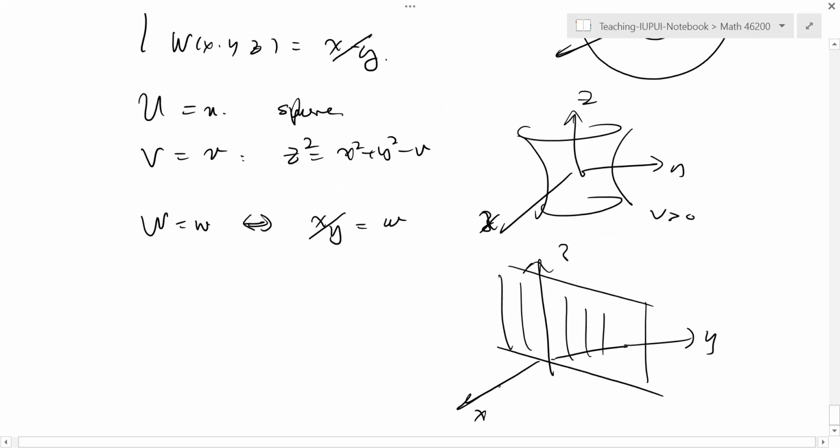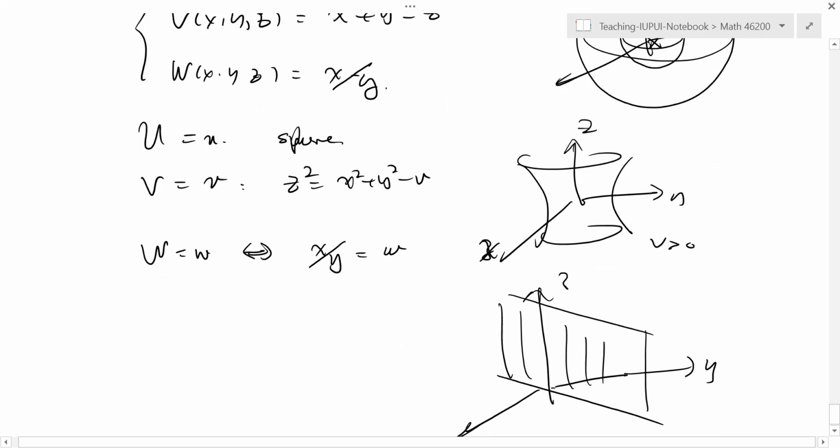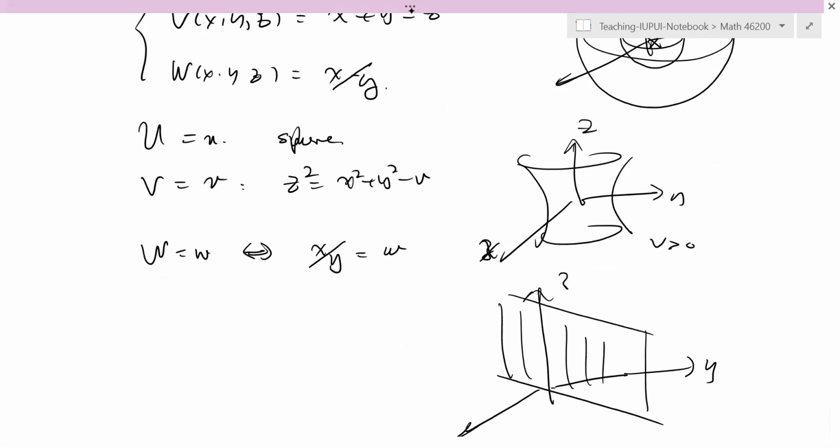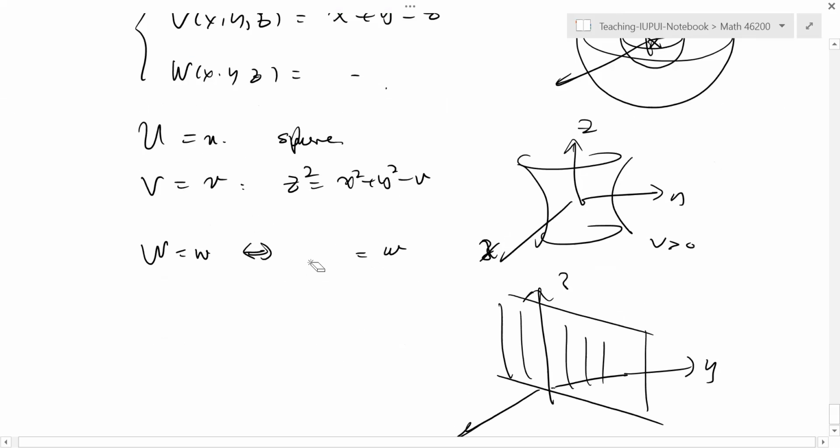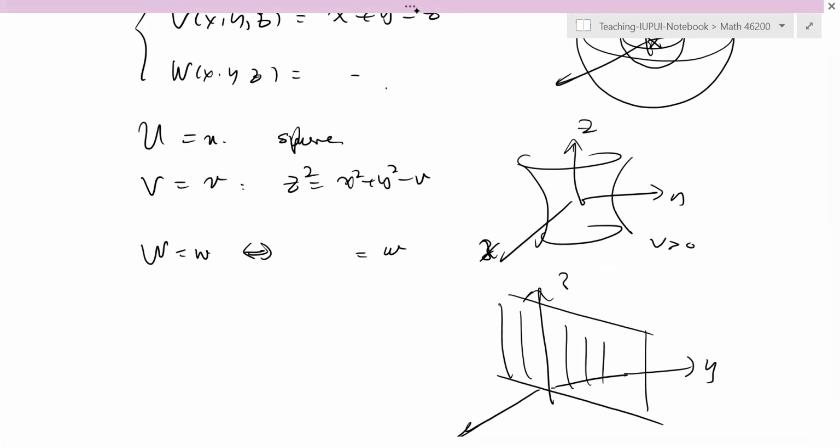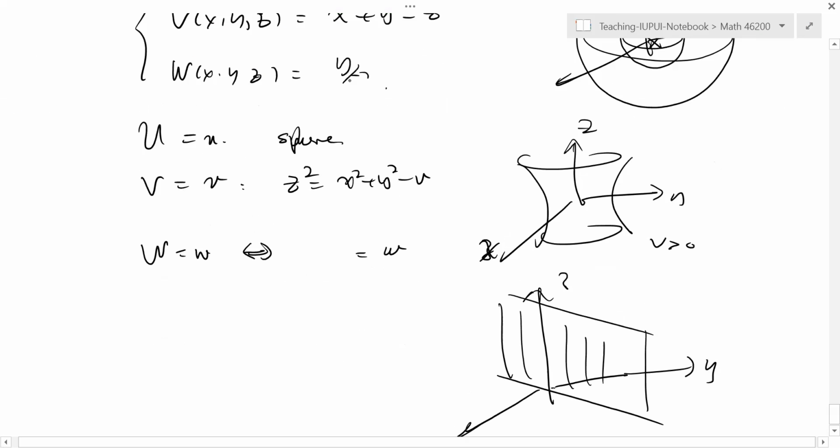Maybe I change it to y over x to make it easier. Y over x is w, so y equals w x. Okay, w is a slope.